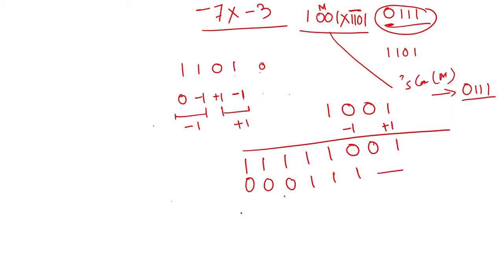Okay. So, now we have to add here. So, now you add 1 0 1 1 1 0 1 1 1 1 1 0 1 1 0 1 1 0.